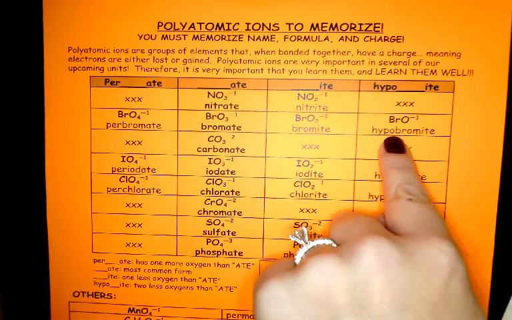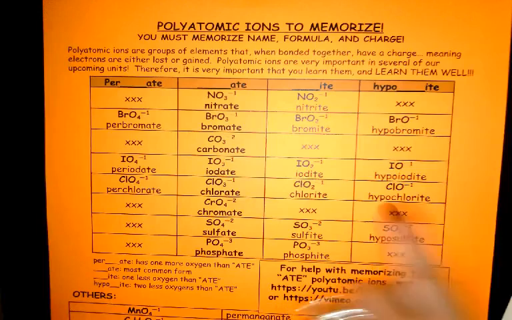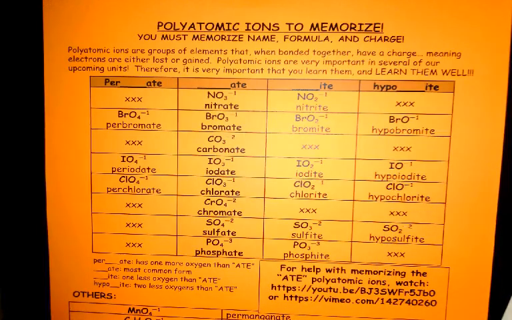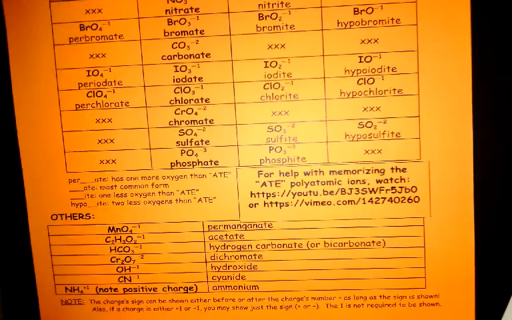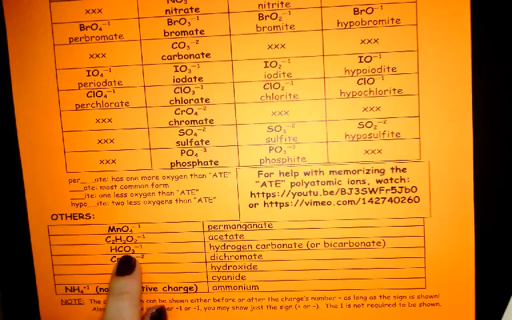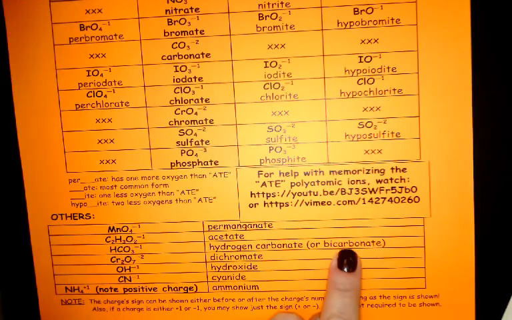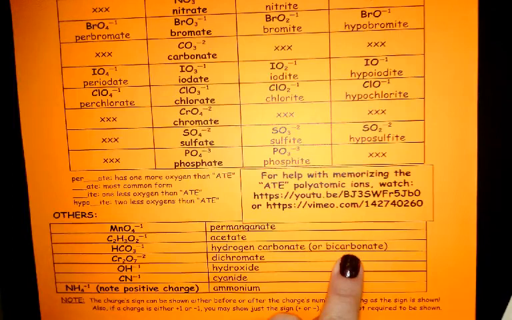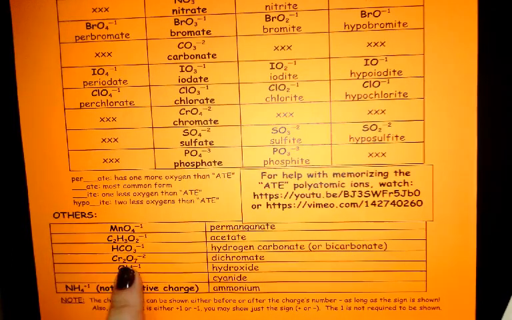And then we have others down here. We have permanganate, acetate, hydrogen carbonate or bicarbonate, like sodium bicarbonate, like baking soda, dichromate, hydroxide, cyanide, and then ammonium. Ammonium is the only one here that has a positive charge, okay?